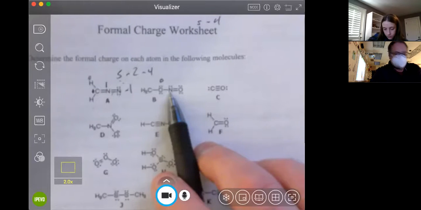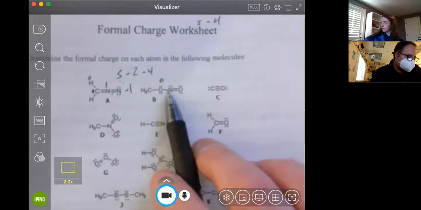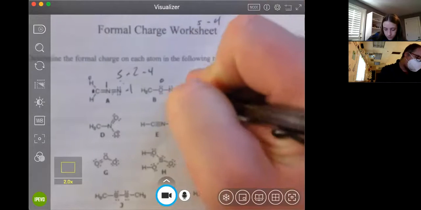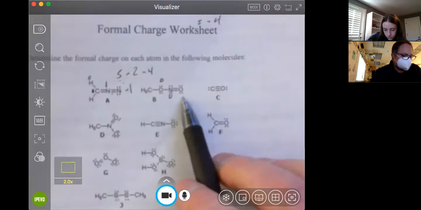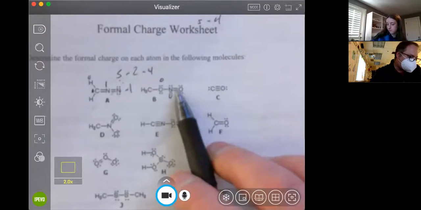Zero. So we have 5 minus 1, 2, 3, 4, 5. How about this oxygen? Somebody from the class said 0. Amari said 0. 6 minus 1, 2, 3, 4, 5, 6.